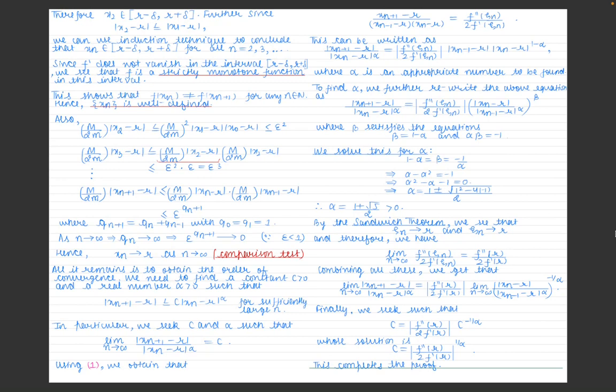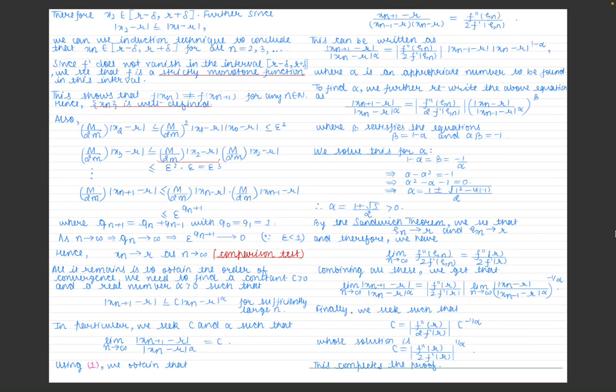So beta is actually 1 minus alpha, where beta satisfies the equation beta equal to 1 minus alpha and alpha beta is minus 1.